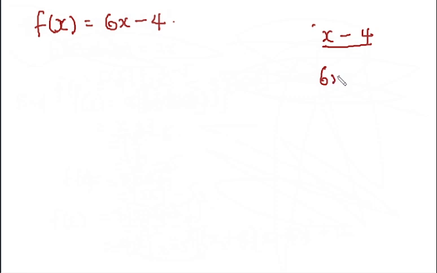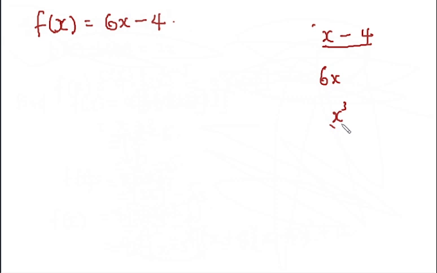If you have 6x, this is an operation that's performed on x. So you can take this as a function. If you have x cubed, this is an operation performed on x. So you can take this as a function. So basically, anytime you manipulate x, or perform an arithmetic operation on x, you can take that as a function.